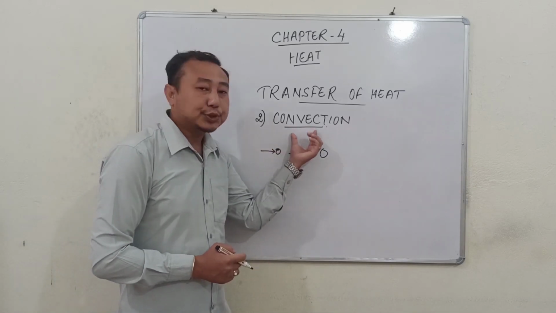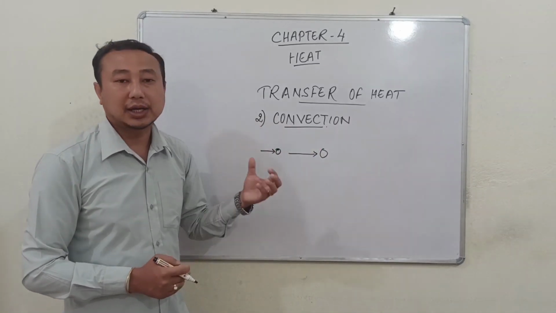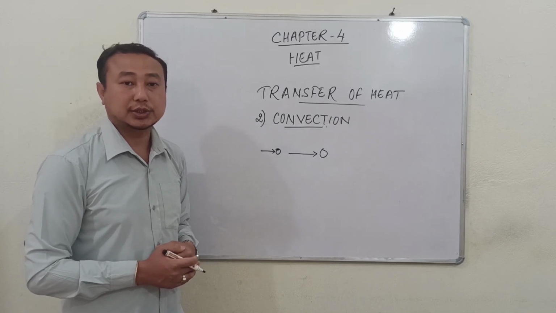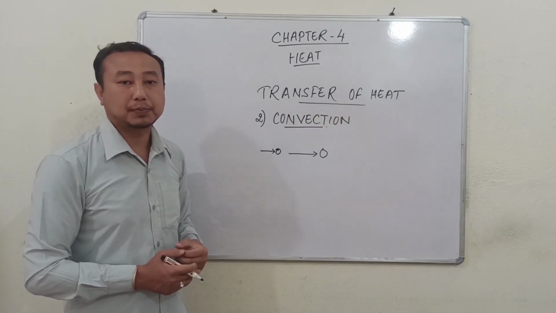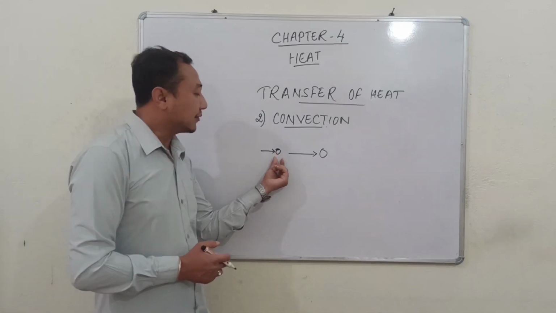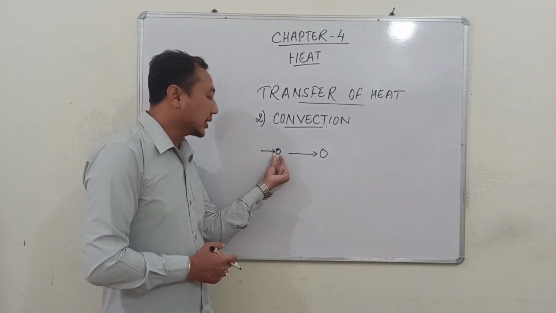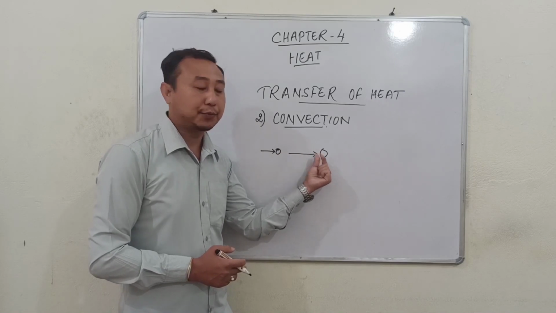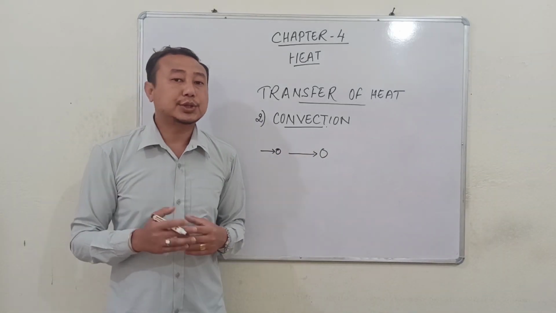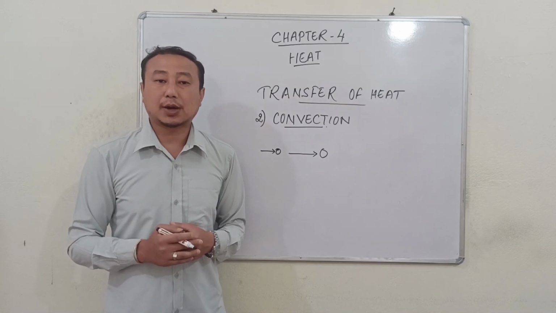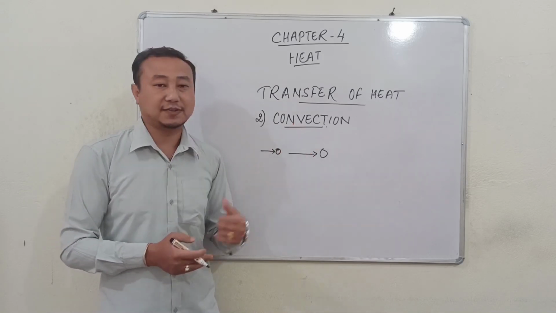So this process of convection is performed by the liquid and the gaseous substances, in which the particles present in them can move freely from one place to another. So the convection process is the one in which the particles move actually from its original position to transfer the heat energy.